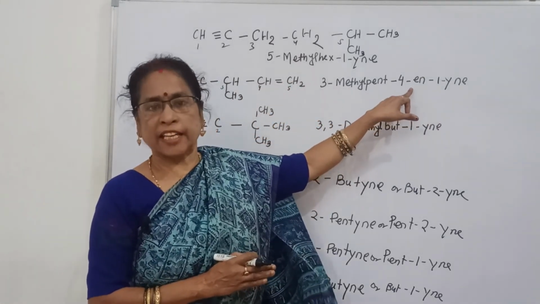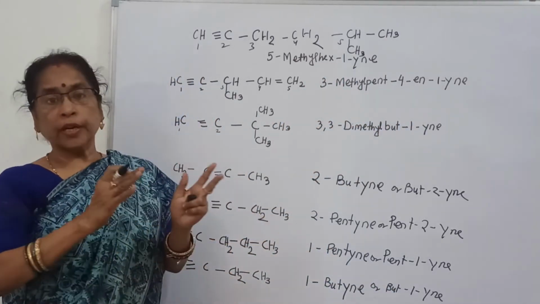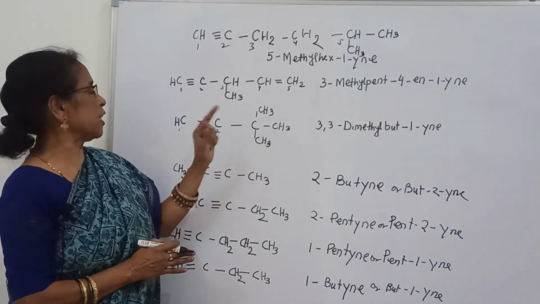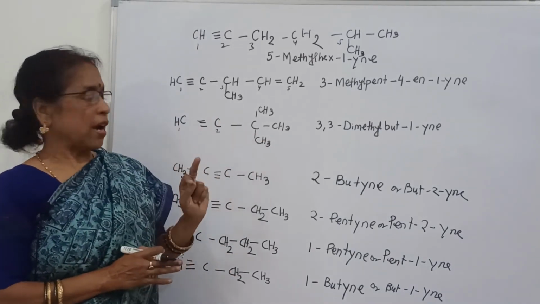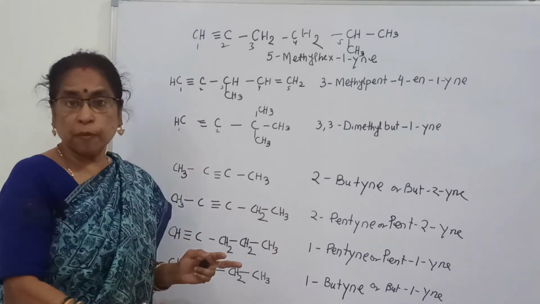So the name is 3-methyl pent-4-en-1-yne, and simply here 3,3-dimethyl but-1-yne, and they are very simple. There is no substituent, nothing else, there is no complexity.